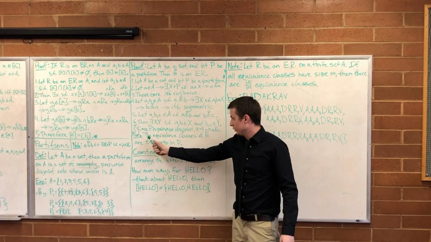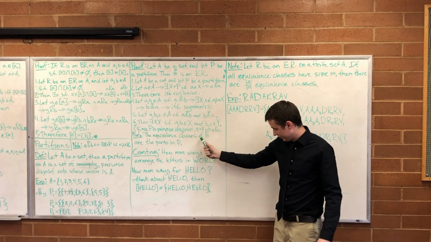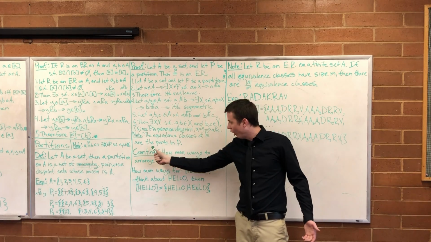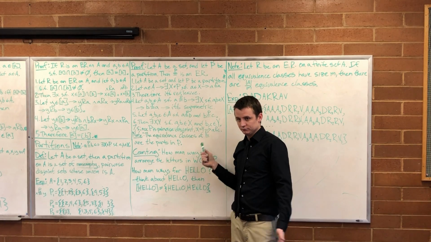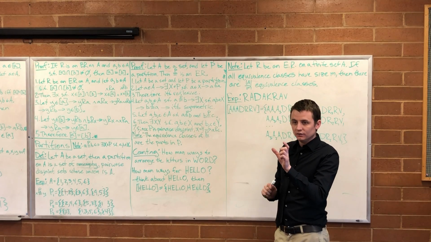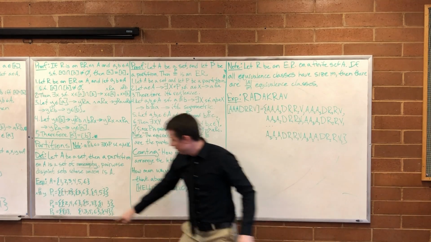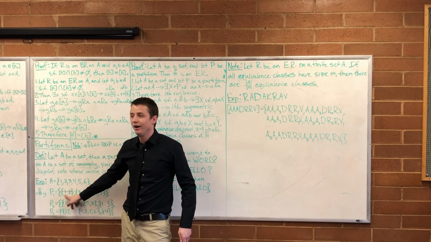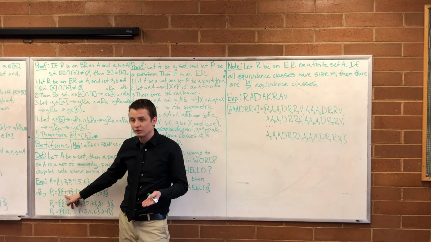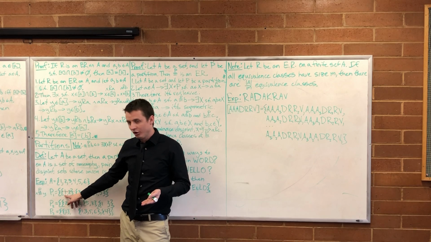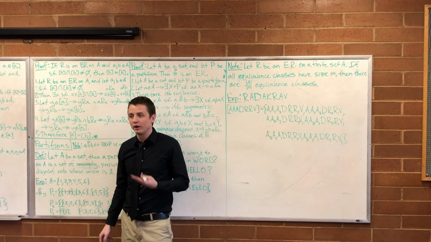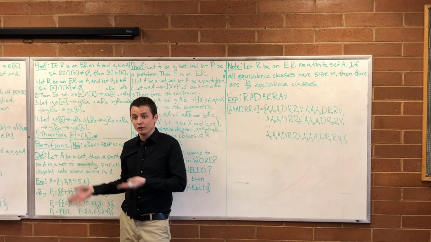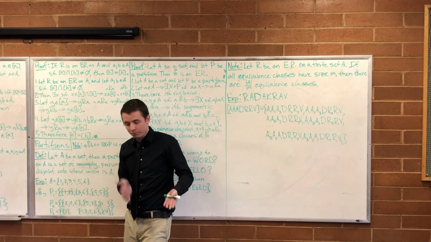And note something I noted at the beginning. The equivalence classes of is in the same part are the parts in P. Right? If I look at the equivalence class of 1, under the is in the same part relation, what are all the things in the same part as 1? 1 and 2. So the equivalence class of 1 is the part that 1 is in.